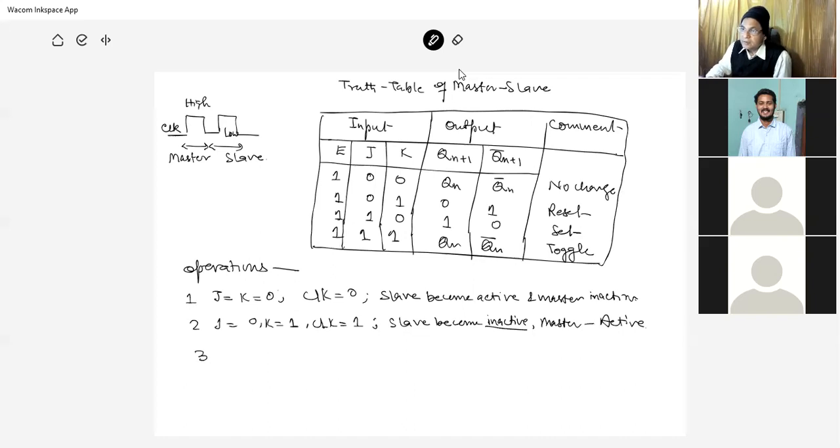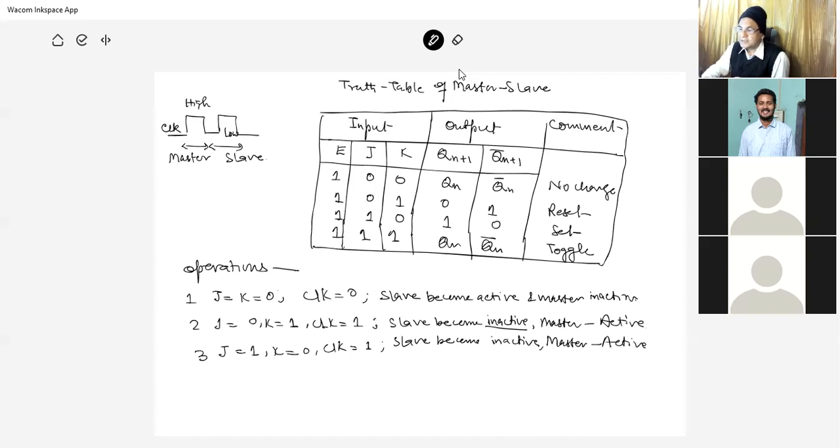Third, if J is 1, K is equal to 0, clock is 1. Then slave becomes inactive, master active.